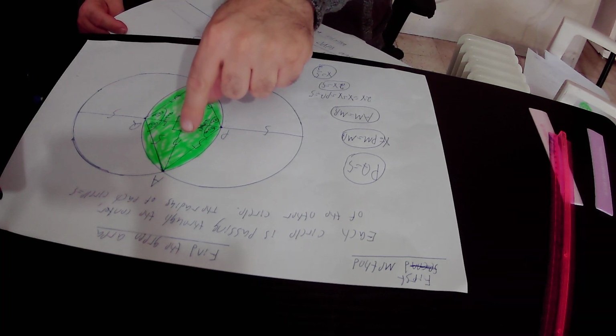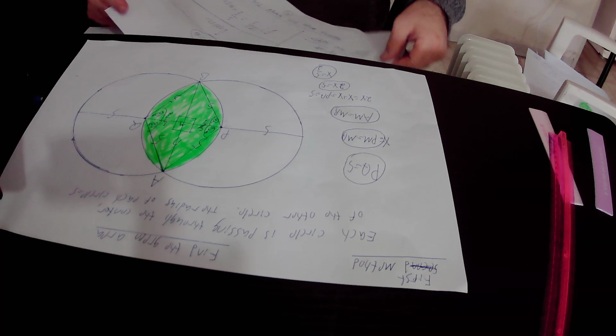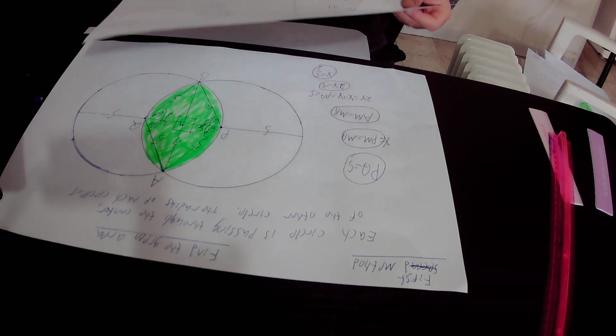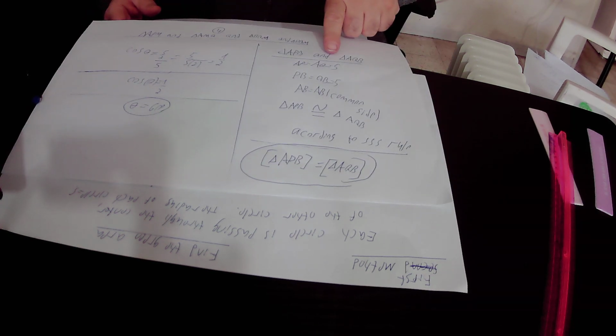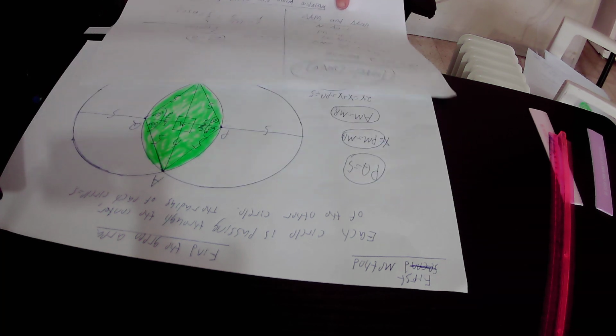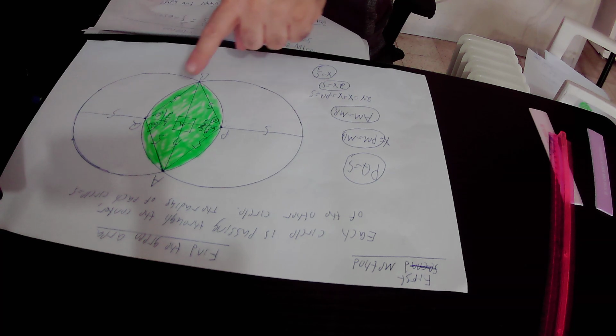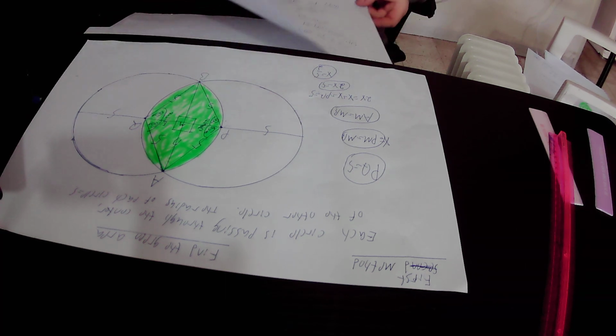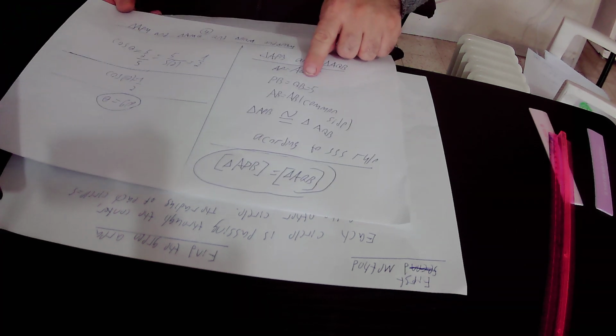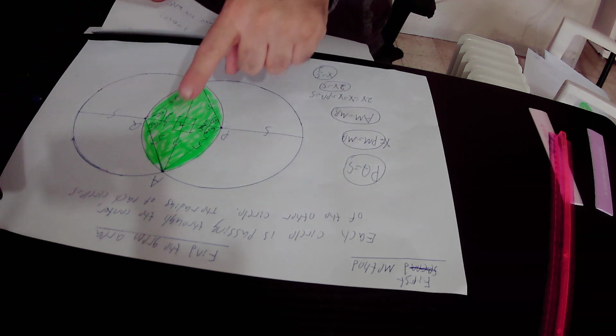Here we focused on triangle APB and triangle AQB. In those two triangles, AP equals to AQ equals to 5 units, PB equals to BQ equals to 5 units, and AB equals to itself.